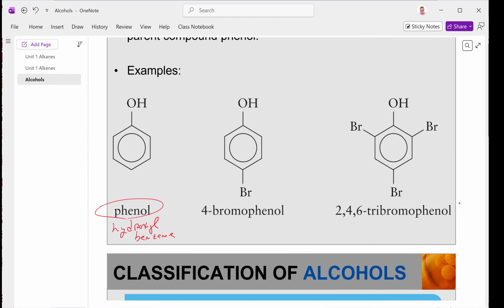Phenol is the preferred name. Notice OH is always carbon number 1. And then the base is the common name phenol.